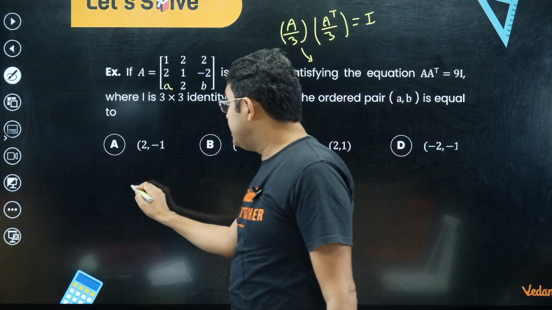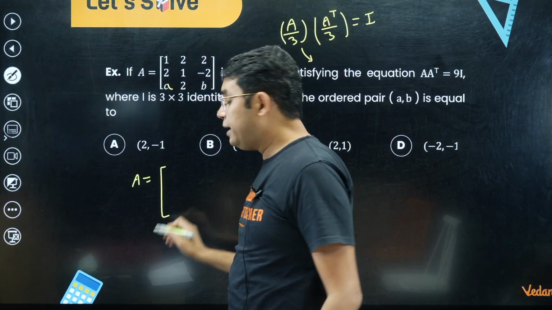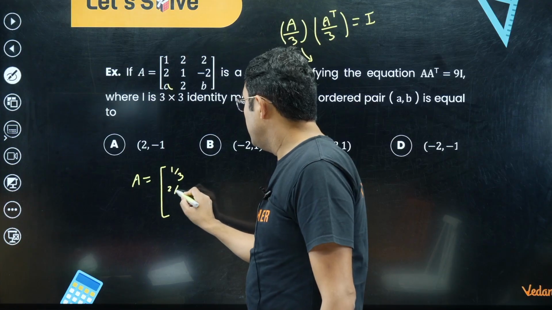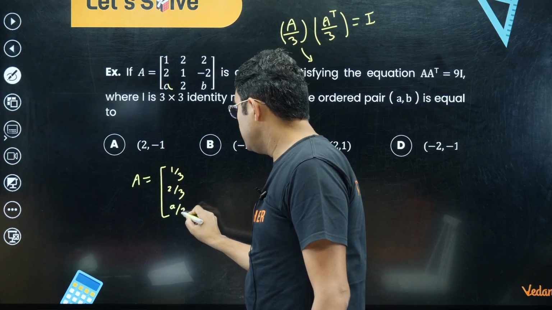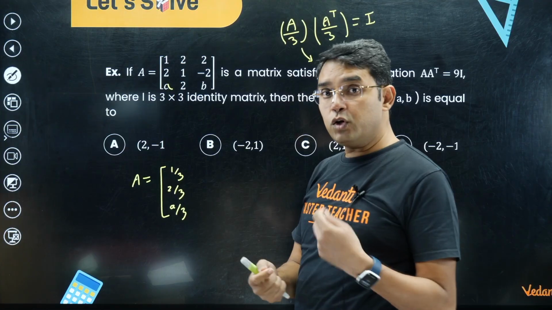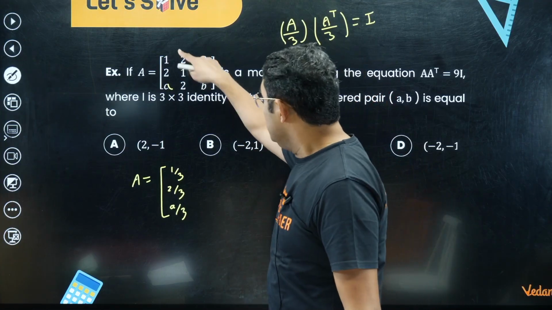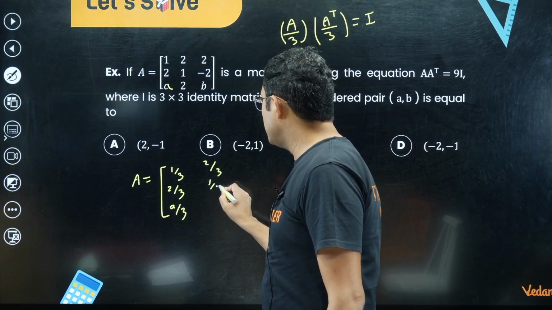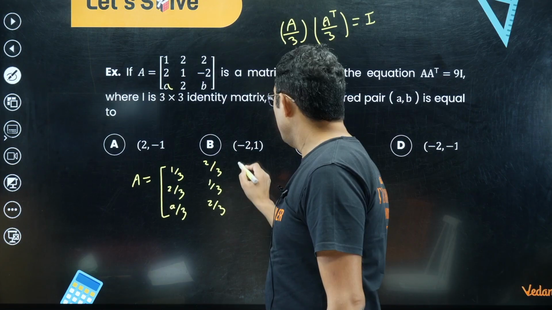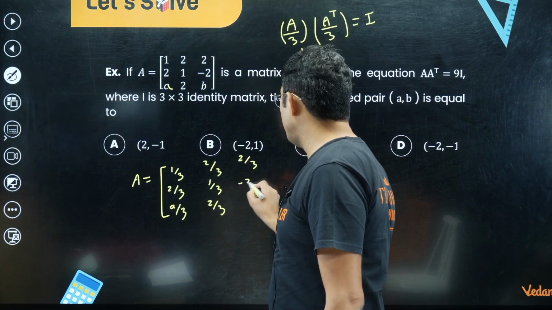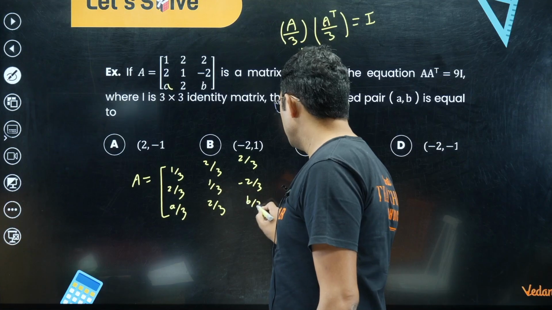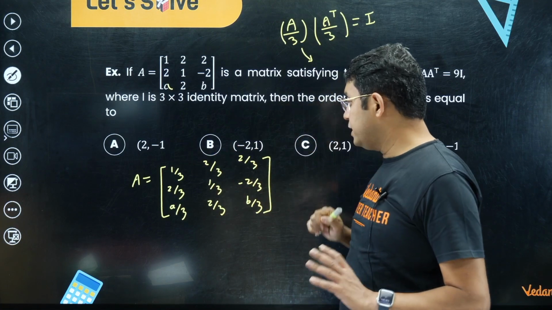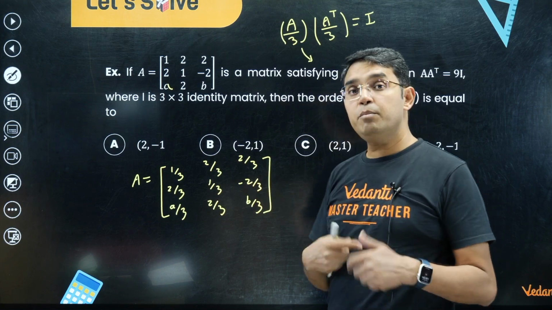And when it is an orthogonal matrix, then in its rows as well as in columns we get unit vectors, and that too mutually perpendicular. So 1 upon 3, 2 upon 3, a upon 3; 2 upon 3, 1 upon 3, 2 upon 3; and this is 2 upon 3, minus 2 upon 3, and b upon 3. So this should give you 3 unit vectors, and they are mutually perpendicular.